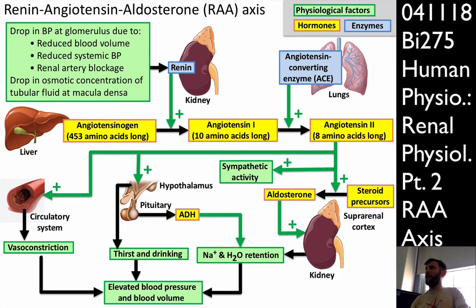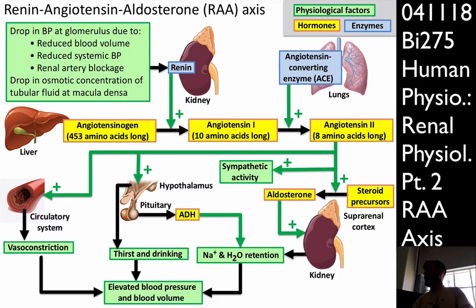It's going to affect vasoconstriction in the arteries in the vascular system, thus reducing the actual space that the blood is confined to, and consequently raising the blood pressure. Not directly raising blood volume, but this is an effect on blood pressure.